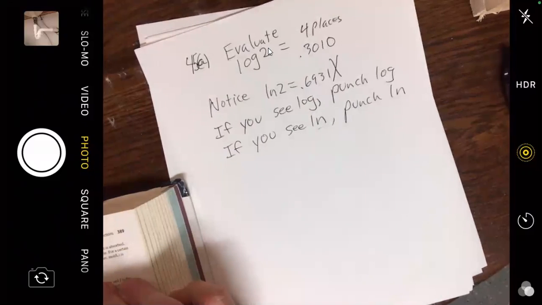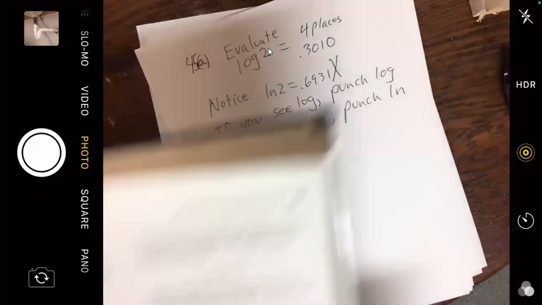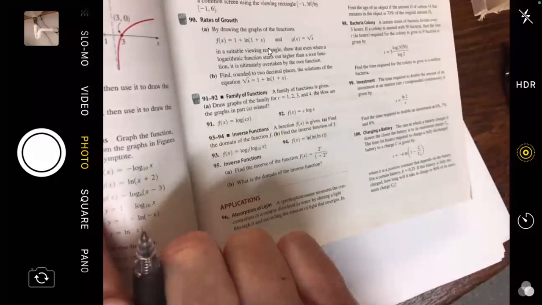All right, let's see. Were there any others? We had 61 to 71. Ah, yes. Graphing these things: domain, range, and asymptote. And again, you don't have to start from the graphs of this or whatever. By the way, log base 10 is log.